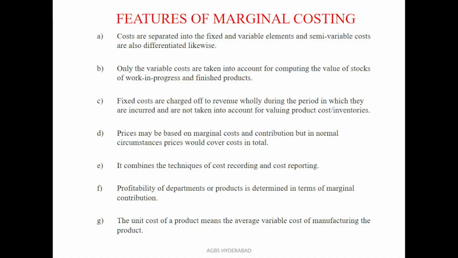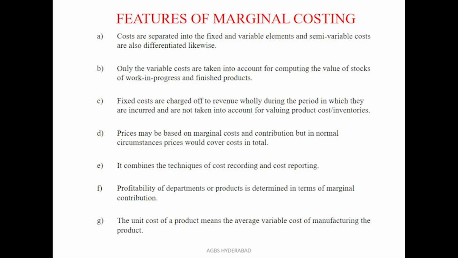The features of marginal costing: the costs are separated into fixed and variable elements, and semi-variable costs are also differentiated likewise. Only the variable costs are taken into account for computing the value of stocks of work in progress and finished products. That is, only the variable expenses. Why not fixed costs?